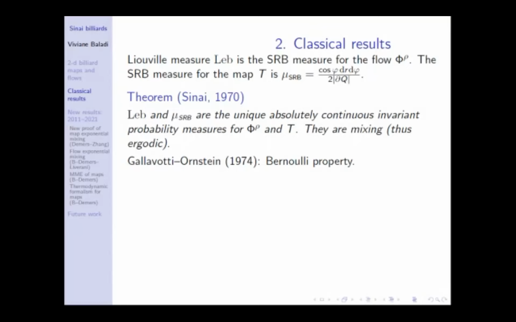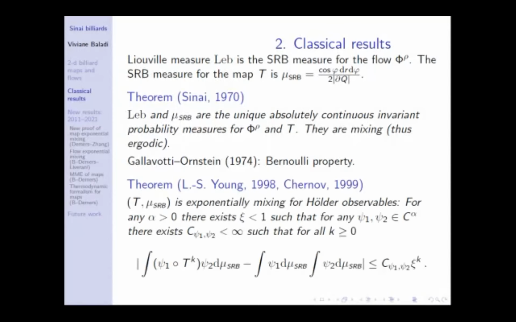Okay? So we have the mixing property. And this is mixing in a qualitative sense. And a little bit later, well, actually, very little time after that, Gallavotti and Ornstein showed a stronger mixing property, which is the Bernoulli property. But this is still qualitative. Okay, so for the moment, we only know that we have qualitative mixing.